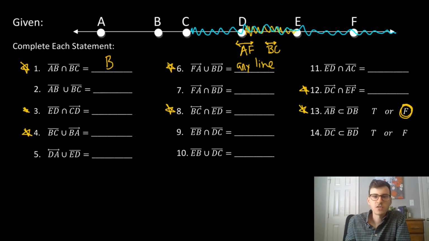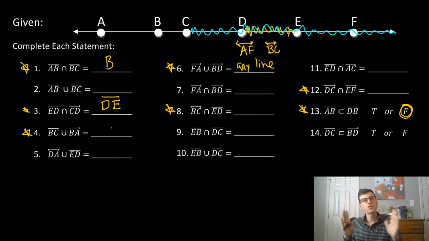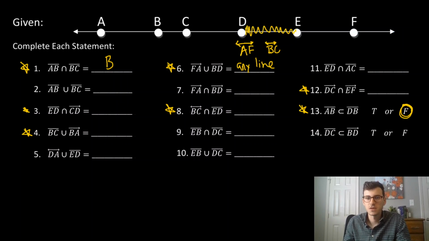Well, remember our intersection, that's where we have both, right? That's kind of where we've colored in both. So the intersection is segment DE. It's all of those points contained within the segment DE.